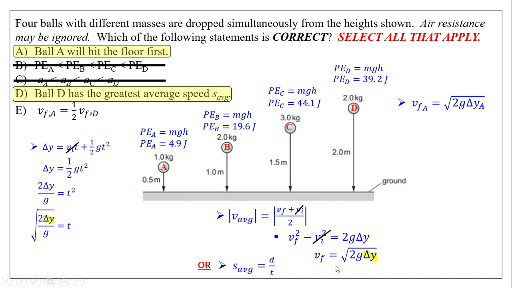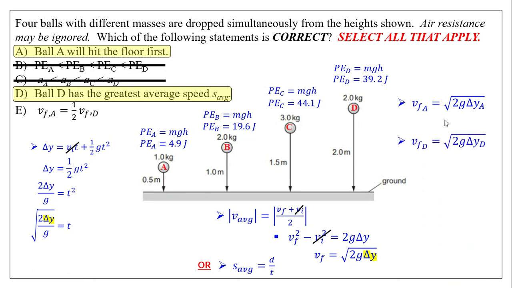I already derived a function for final velocity, so watch my cursor. This is generic: the final velocity when an object is released or dropped from rest is just the square root of 2g delta y. Here I'm just going to apply that function to object A. The g stays the same, and I've chosen to write delta y A because I'm looking at object A. Object A will now be my reference point.